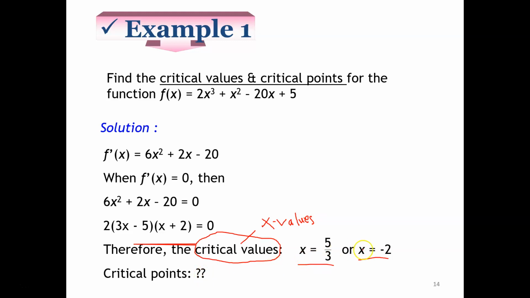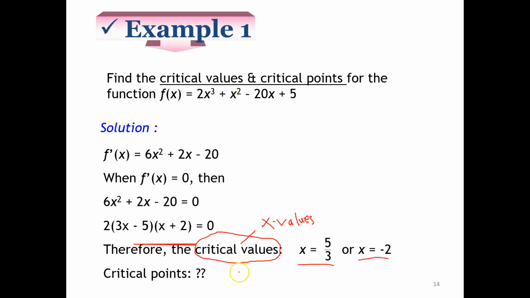You only have x over here, so you need to find the y coordinate for each of these. How do we find the y coordinate? You're going to substitute this x into the original function, not the derivative one, so that you can find your y value.